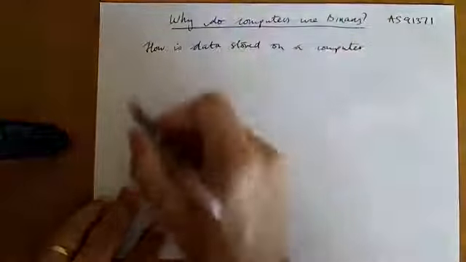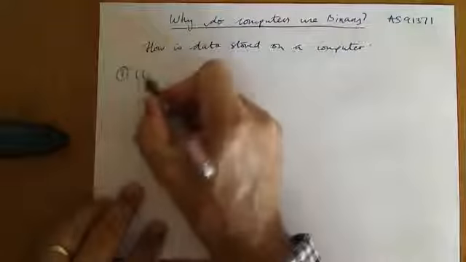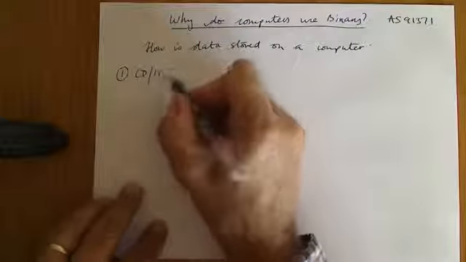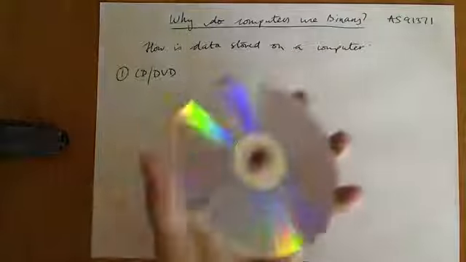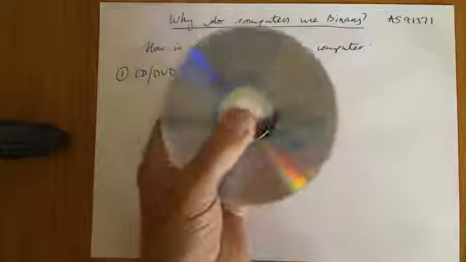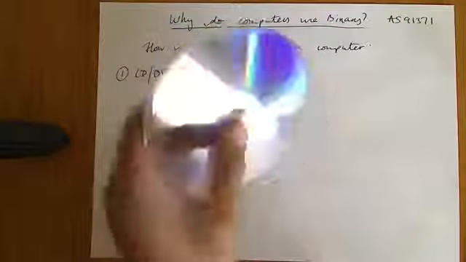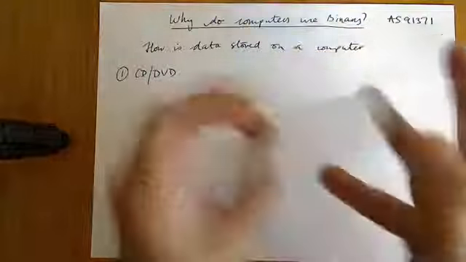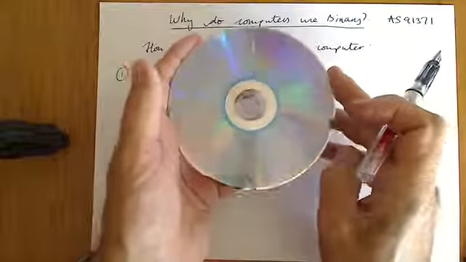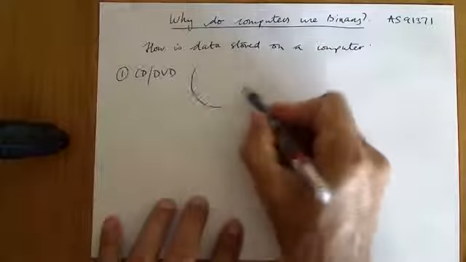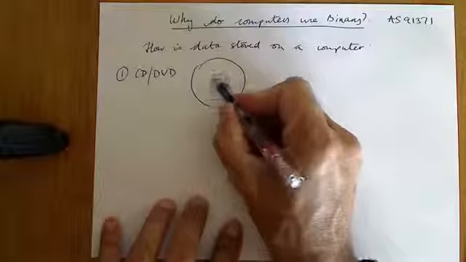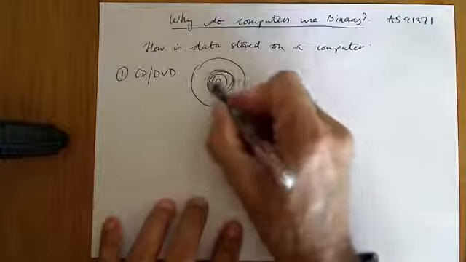So to start with, we're going to have a look at the CD or DVD. You're probably very familiar with the sort of rainbow colors that you get on a DVD. The rainbow colors are there because there's lots of grooves. If we were to look in detail at one of these, you'd see that on your DVD, you've got lots of concentric grooves.